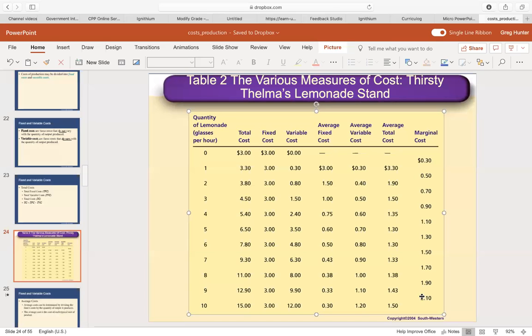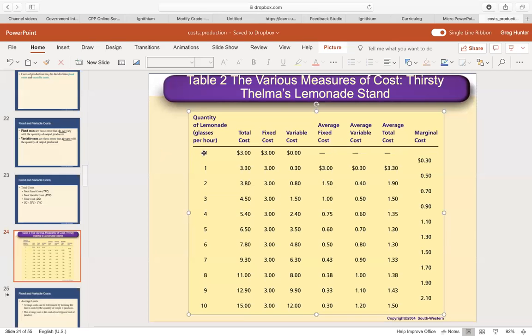The last column, again, we're going to talk about quite a lot. And it turns out that marginal costs are the primary driver of profitability in a firm. And we're going to uncover that relationship in a moment. But again, marginal is like additional, right?